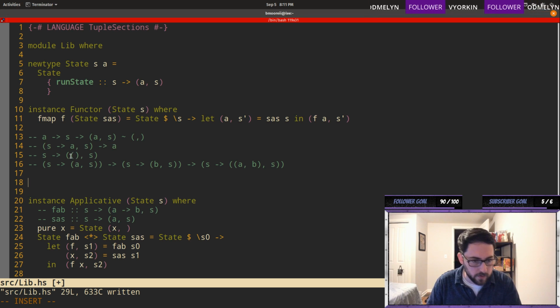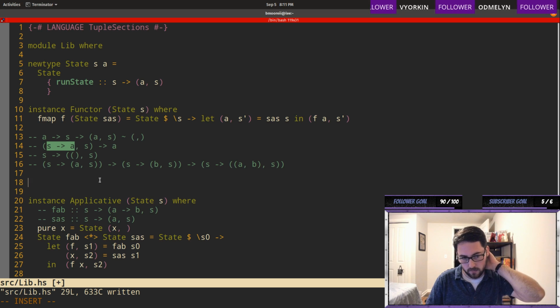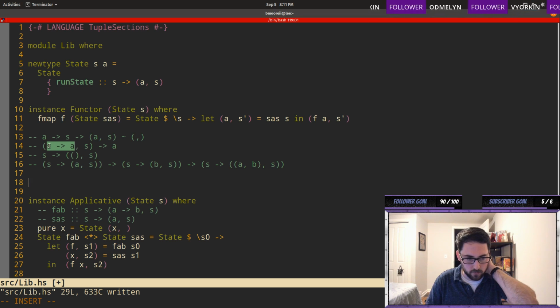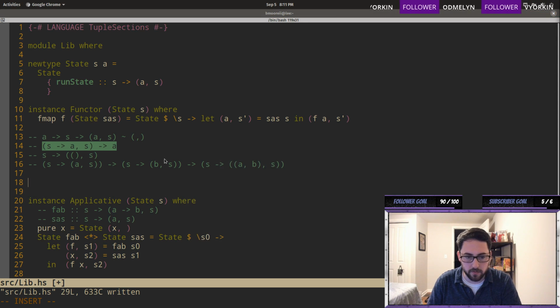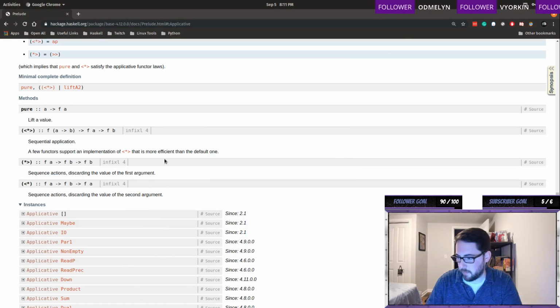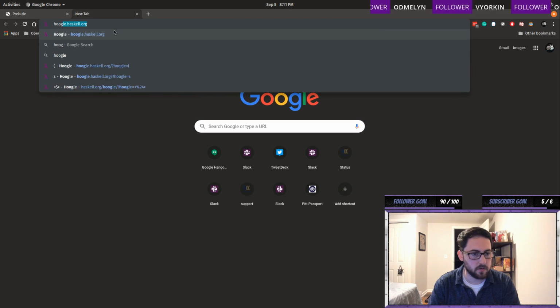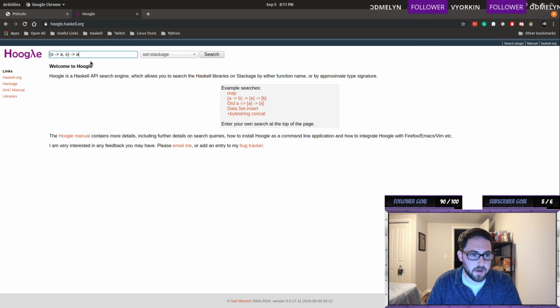Okay, so this one is like some sort of application. We're just taking this S and applying this function to it. We've probably seen this before. Let me Google this because I feel like this is something we've probably seen before, but it's not immediately jumping out at me.